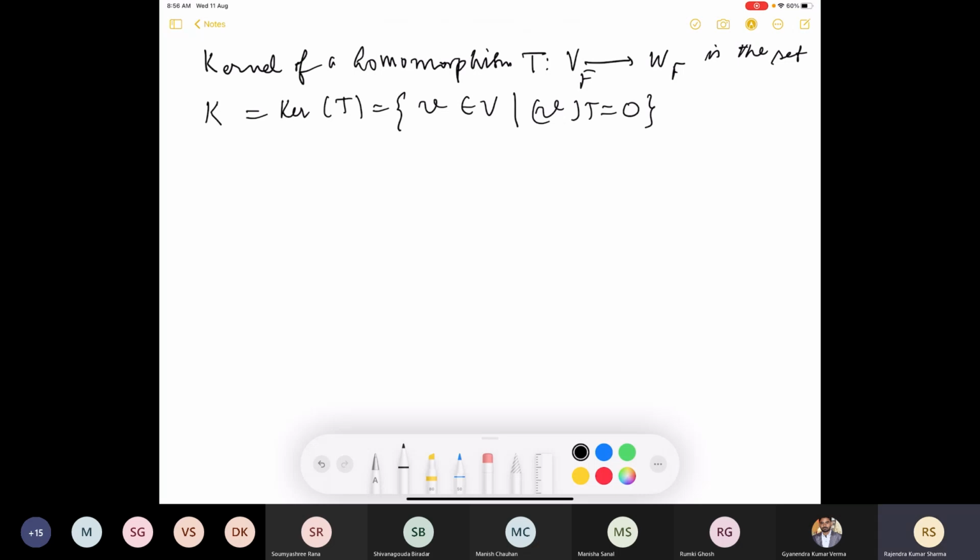So the kernel is a subset of V consisting of all those elements of V which are mapped to 0.